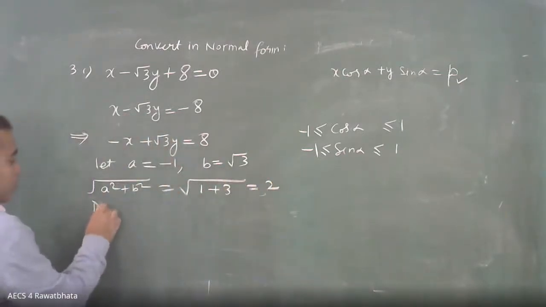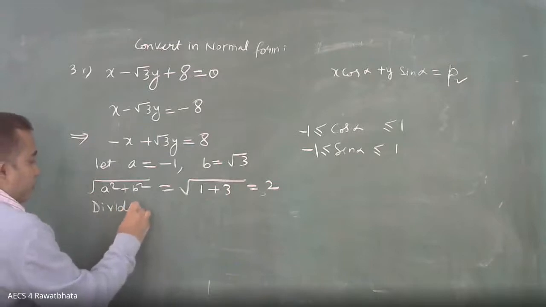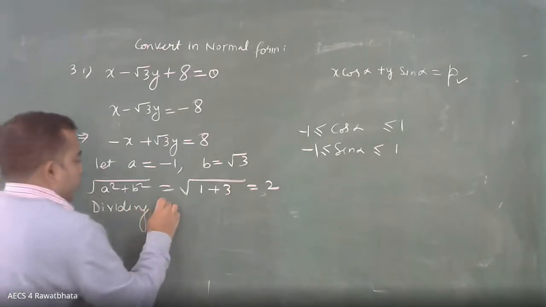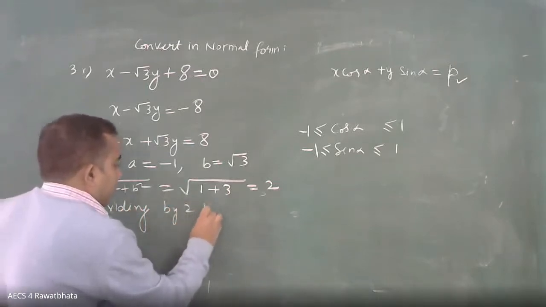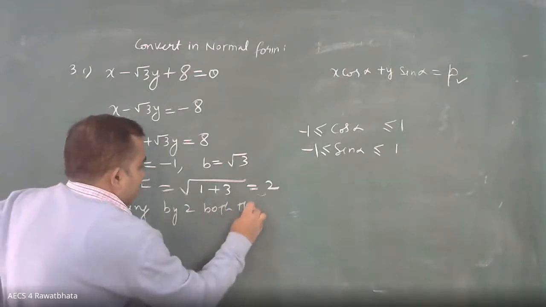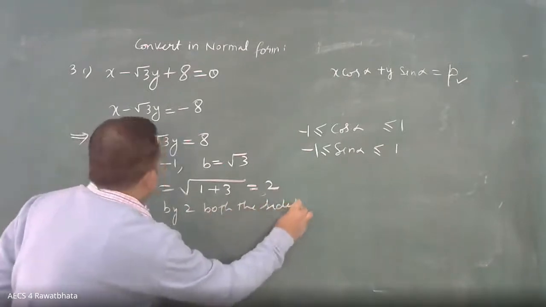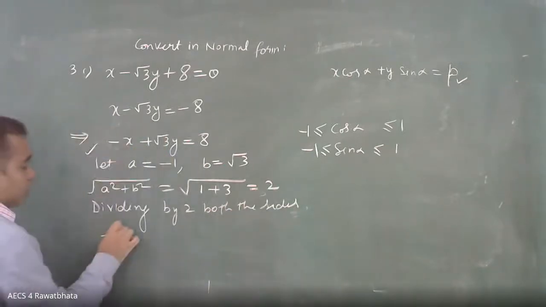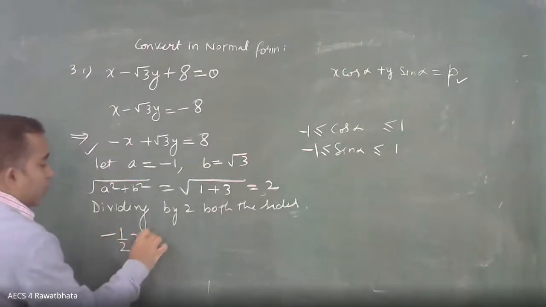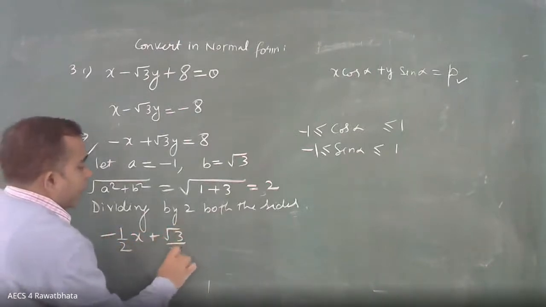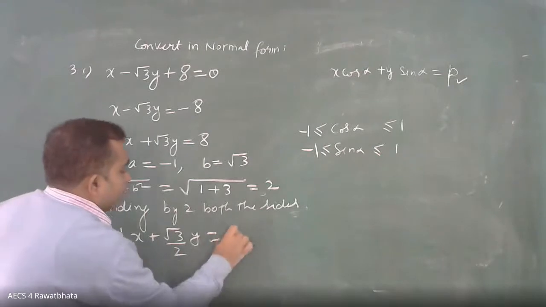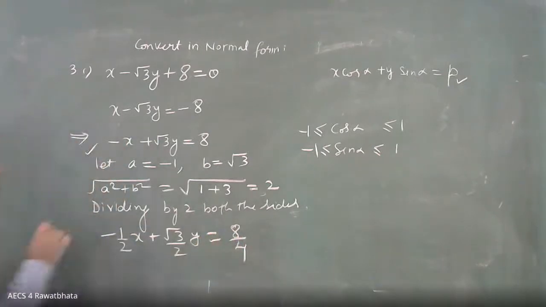Now dividing both the sides by 2, this will become minus 1 by 2 x plus root 3 by 2 y equals to 8 upon 2. Now by dividing, both the problems will be solved.